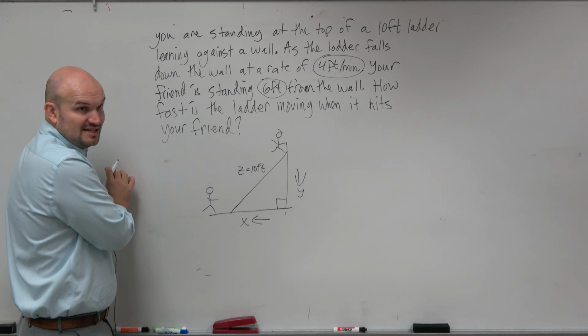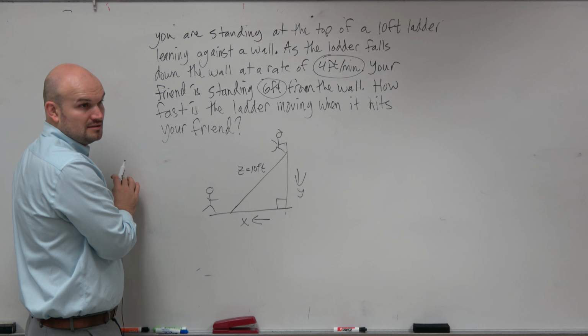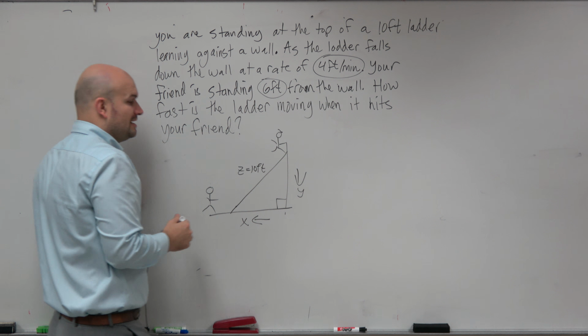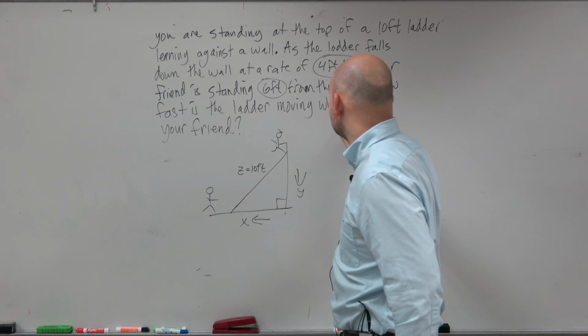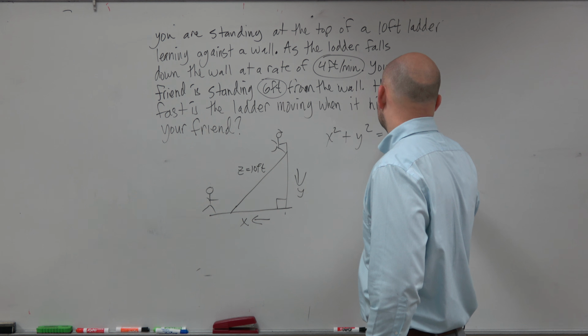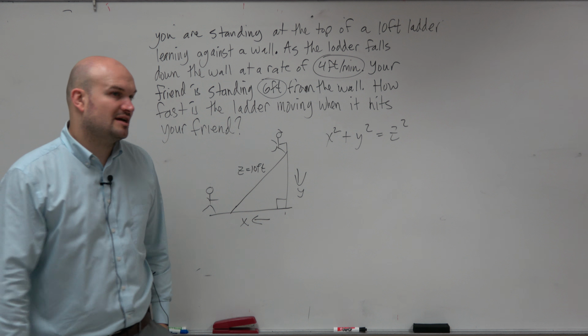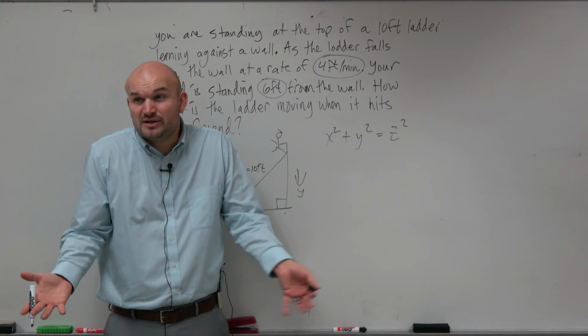However, that is still a distance, and we can write a relationship with these distances, correct? So we could say x squared plus y squared equals z squared. I know z squared is going to be equal to 10 squared, but I just want you guys to see that we can write this relationship.